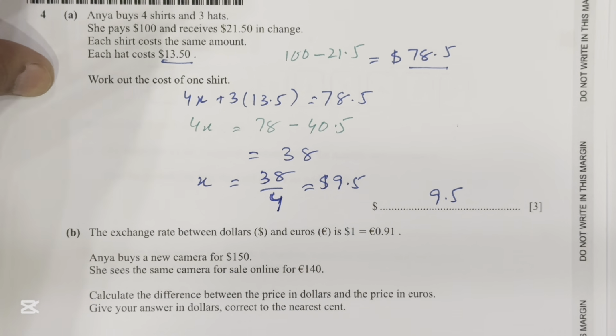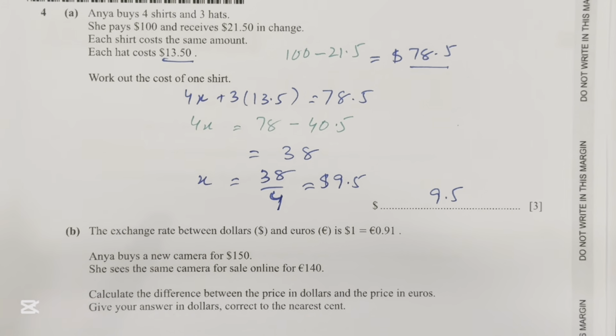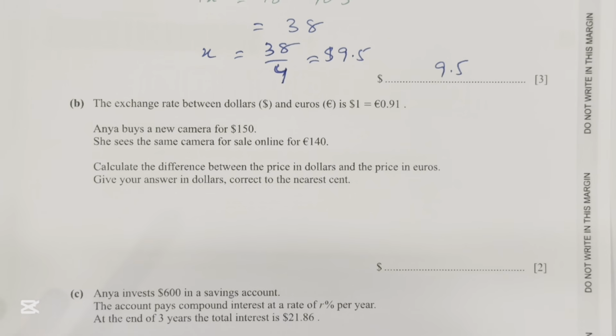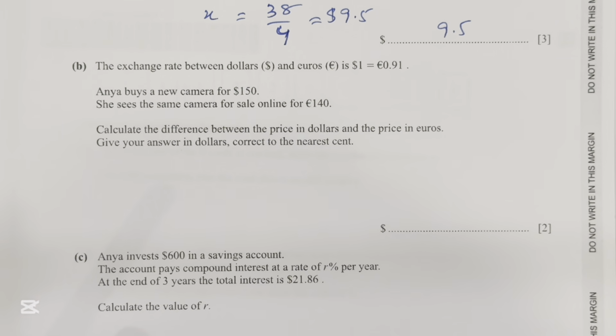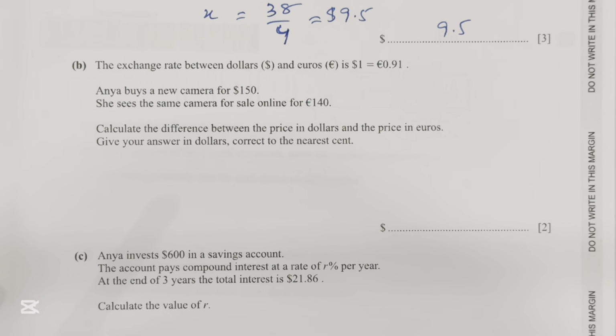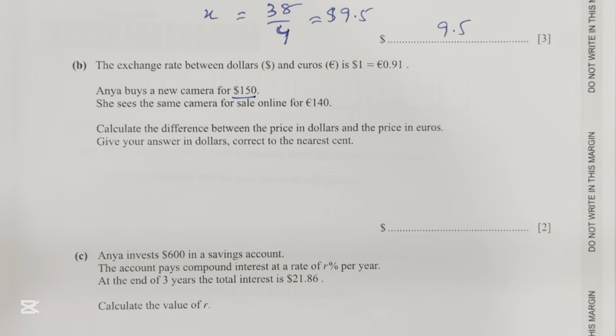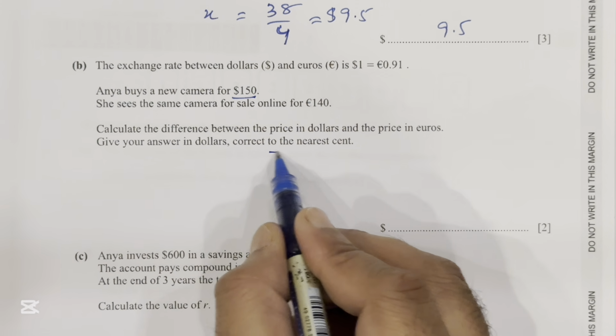Moving to part B, the exchange rate between dollars and euros. $1 is equal to 0.91 euro. Anaya buys a new camera for $150. She sees the same camera for sale online for €140. Okay. Calculate the difference between the price in dollars and the price in euros. Give your answer in dollars correct to the nearest cent.